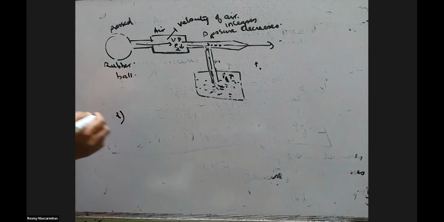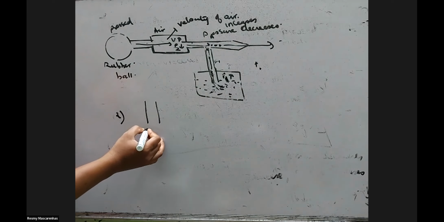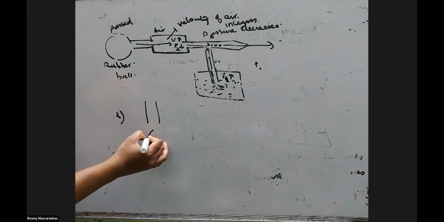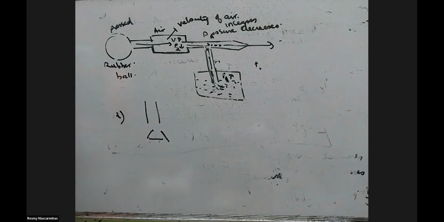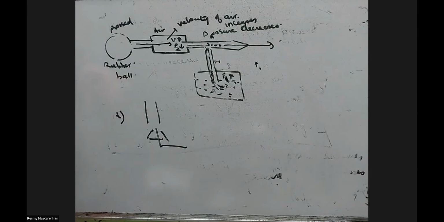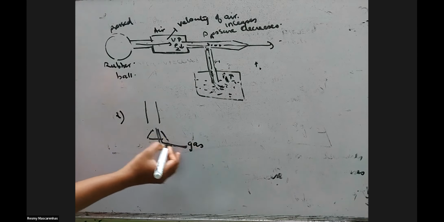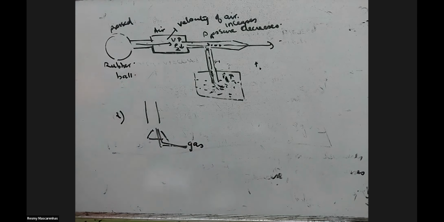The second one, the burner. In the burner, there's a gas which is being supplied through a fine nozzle with a high velocity.